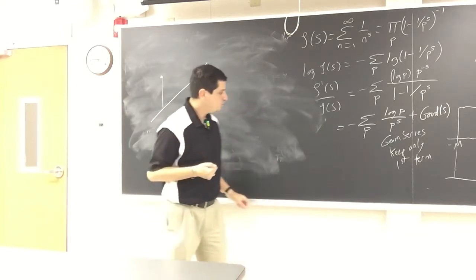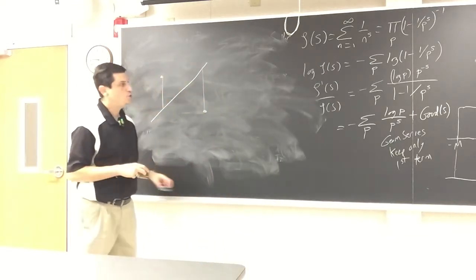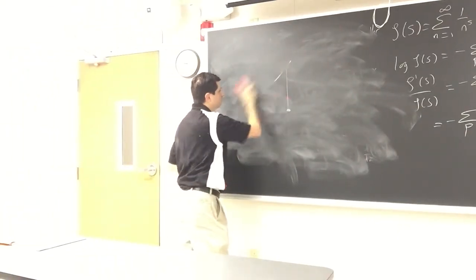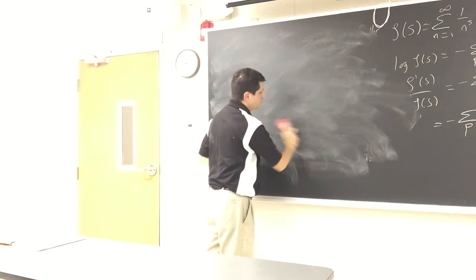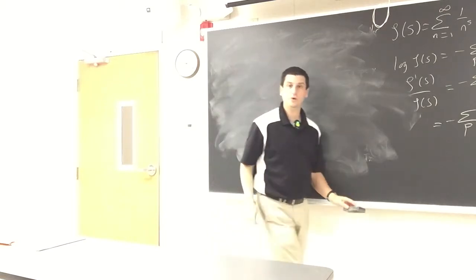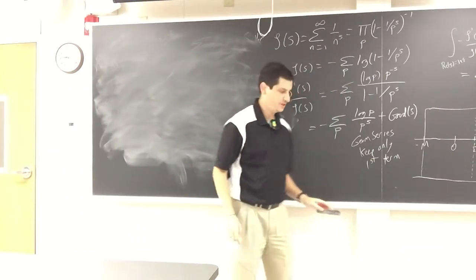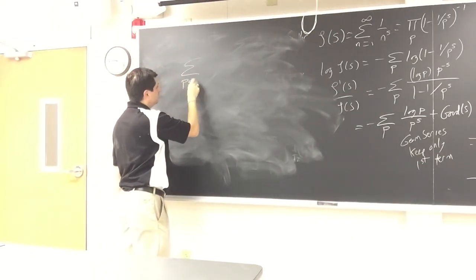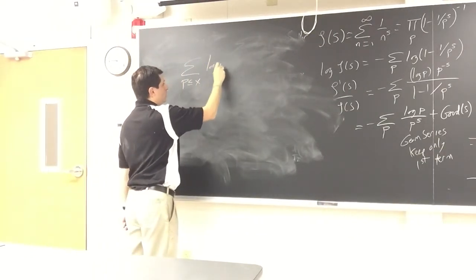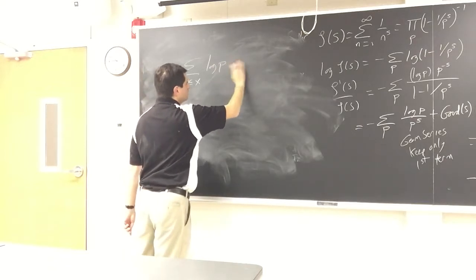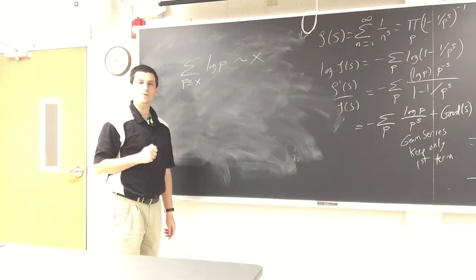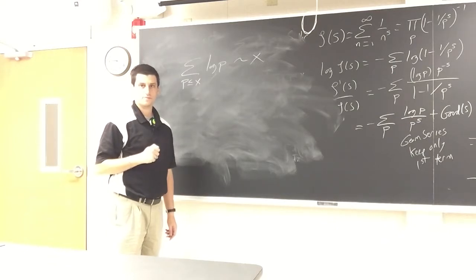Okay? So whenever we're doing things, we always want to figure out what do we want to measure, what do we want to study, and why. So we are going to be putting in log weights, and I'm trying to give you a sense of why we're putting in these log weights. So let's look at the sum over p less than or equal to x of log p. And we know this is about x. There are a lot of ways you can go about this.